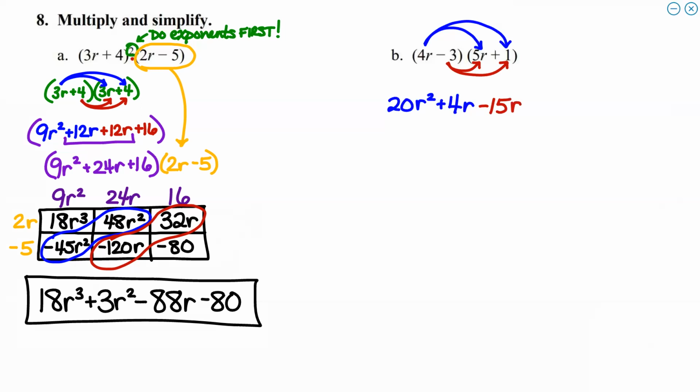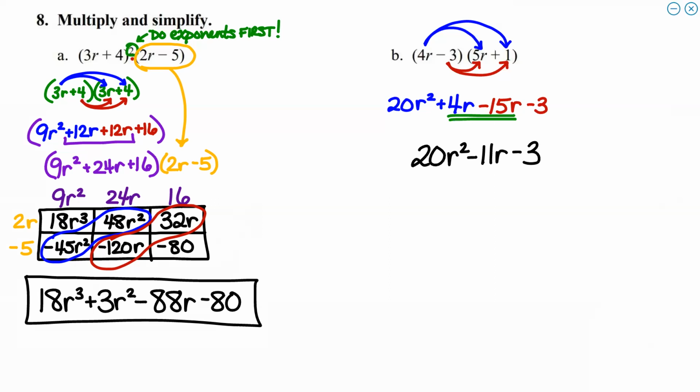And then when I distribute the -3 to the 1, what do I get? -3. Are there any like terms to combine together? 4R and -15R. What do I get when I combine those? -11. So I have 20R squared minus 11R minus 3.